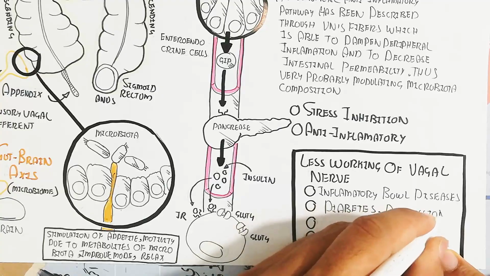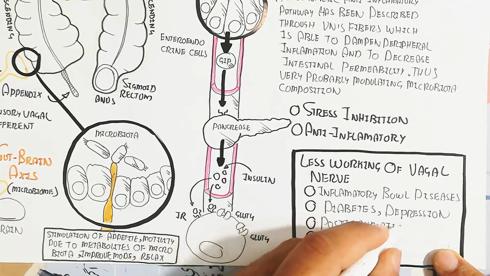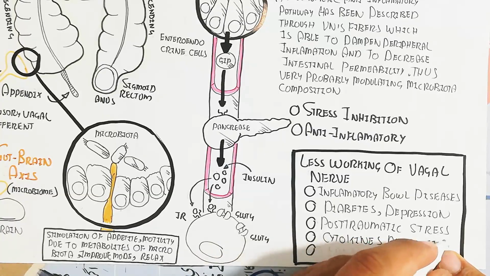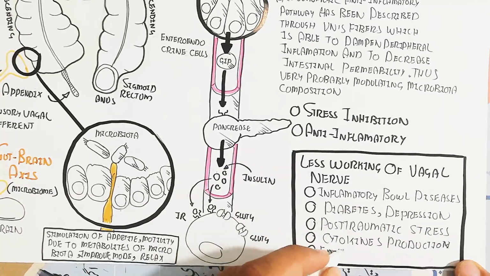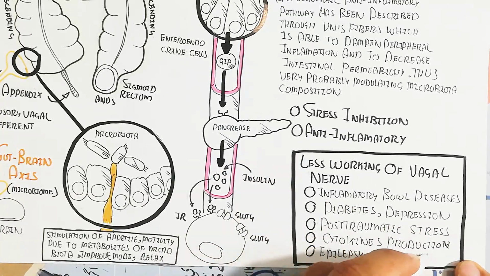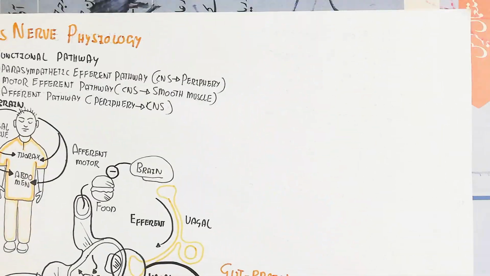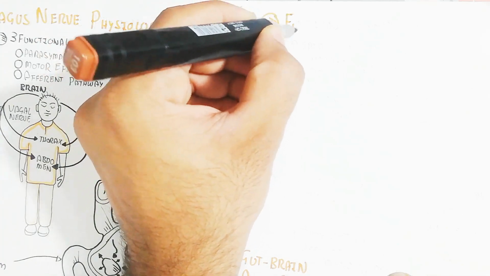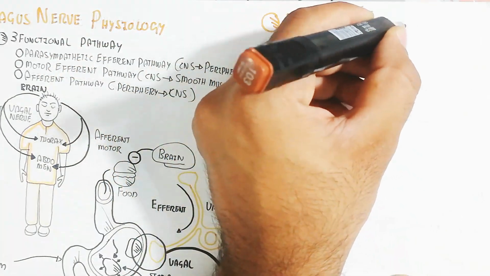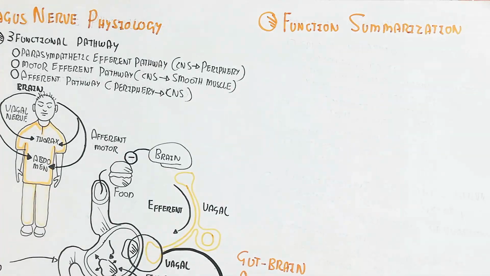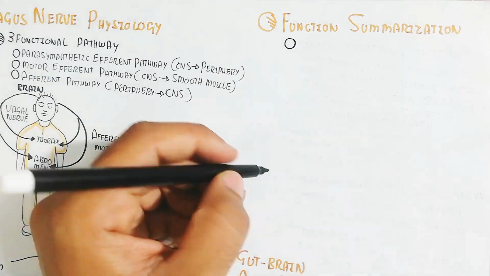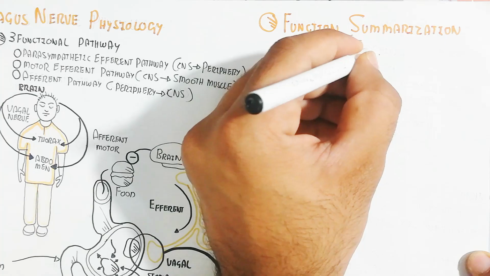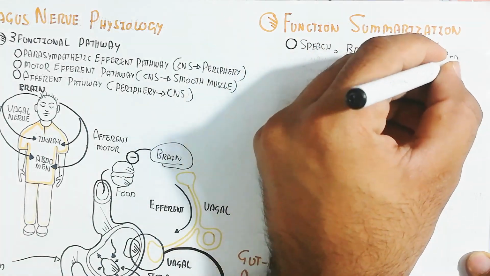Reduced working of the vagal nerve is linked to inflammatory bowel disease, diabetes, depression, post-traumatic stress, cytokine production, epilepsy, and autoimmune disorders. Now we will summarize the functions. The vagal nerve is involved in speaking, breathing, heartbeat, swallowing, taste, and improving the circulatory system.